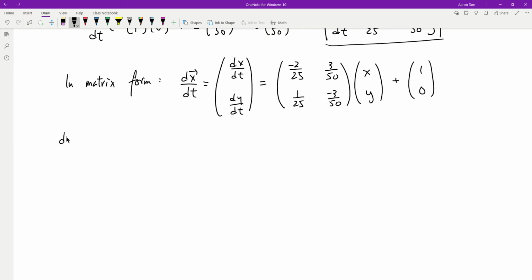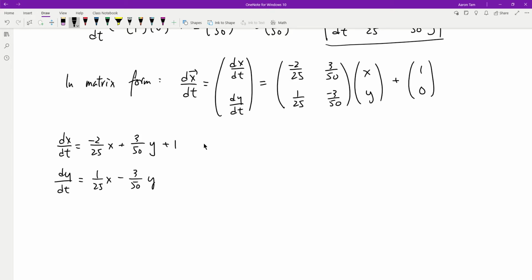So I have these 2 equations: dx/dt equals negative 2/25 x plus 3/50 y plus 1, and dy/dt equals 1/25 x minus 3/50 y.